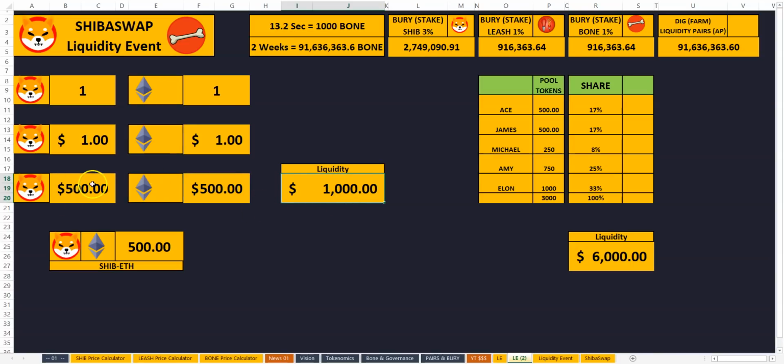So that means I've provided $1,000. That is $500 worth of SHIB, $500 worth of Ethereum, and I've provided liquidity of $1,000. When that happens, a special new token is created, which is a combination of these two, called ShibF, and it's given 500, representing its weighting.